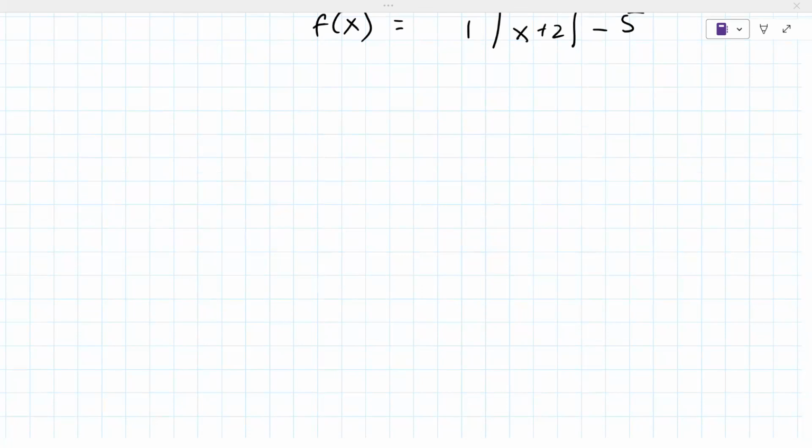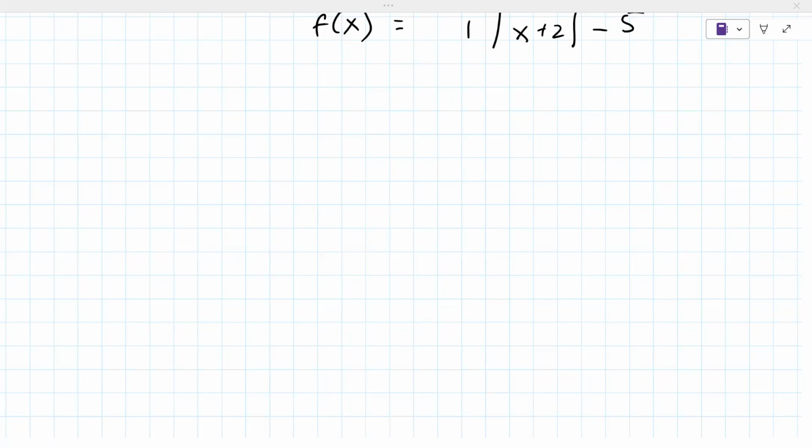All except the horizontal stretch or shrink will be on the quiz. She said just that one won't be, but the vertical stretch or shrink, reflection, both types of translation will.